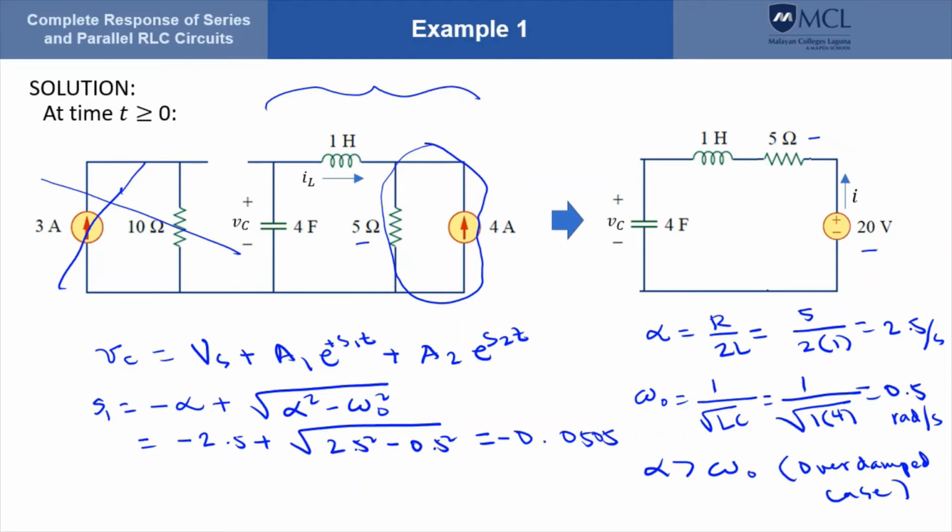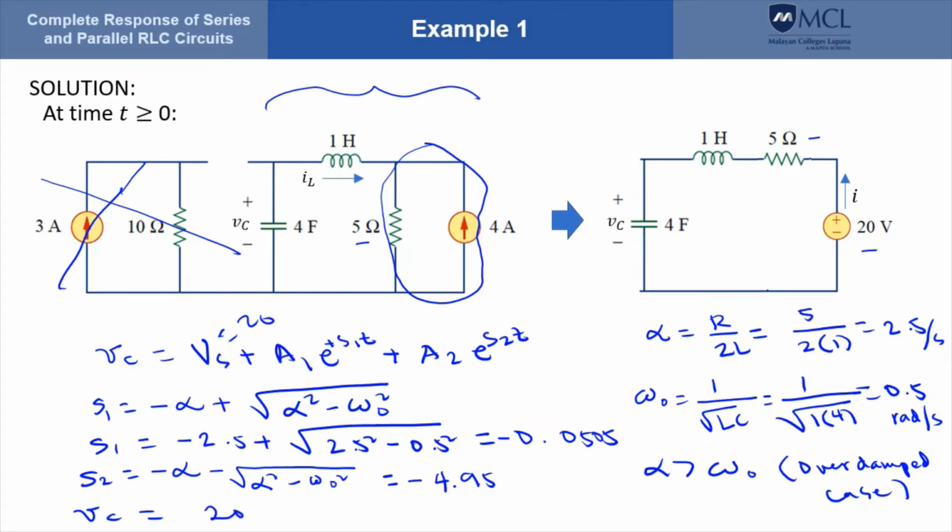And S2 is equal to negative alpha minus the square root of alpha squared minus omega naught squared, and that should give us a negative 4.95.